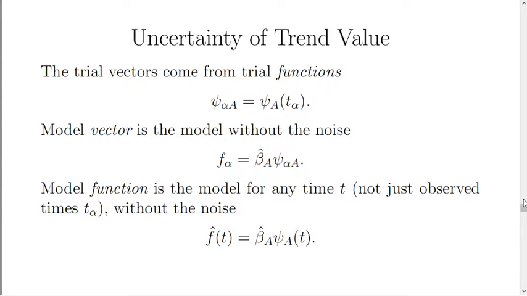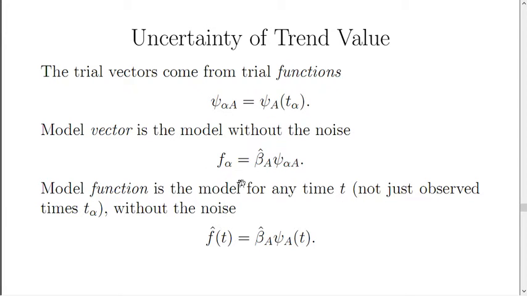By the way, if we know the uncertainties of the model parameters, we can actually compute the uncertainties of the model. The trial vectors come from trial functions. The model vector is the model without the noise.